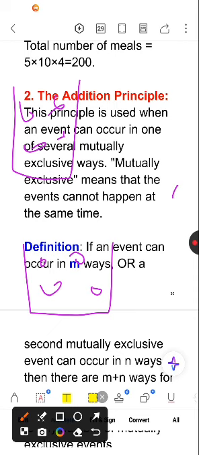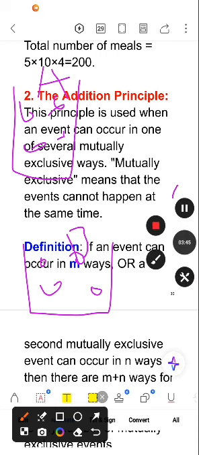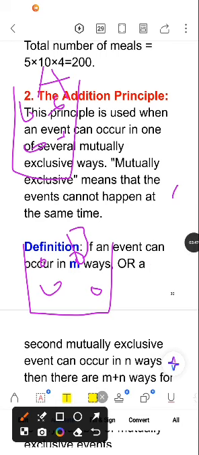Let's say these balls are ball B and ball A. You can't take ball A and ball B at the same time. So it means that they cannot occur. If events cannot occur at the same time, we say they are mutually exclusive.